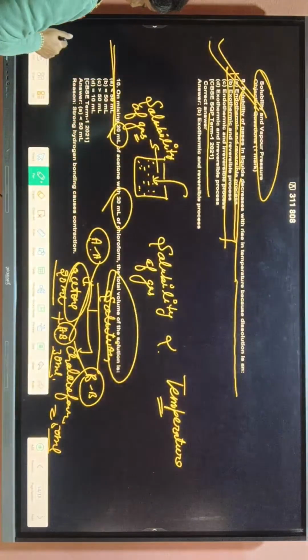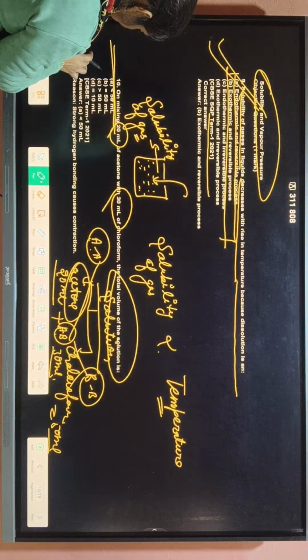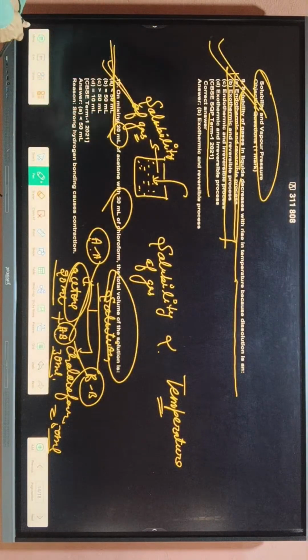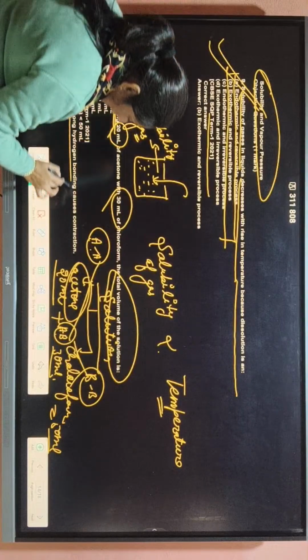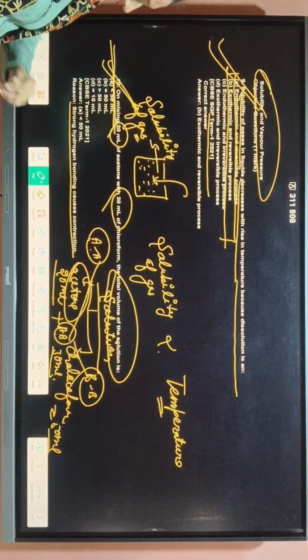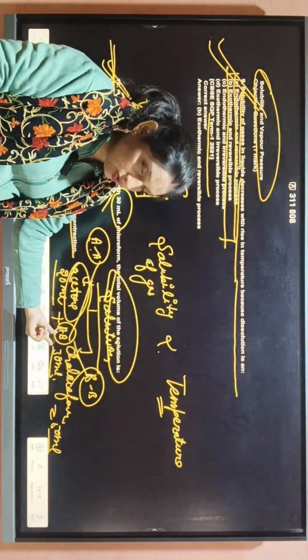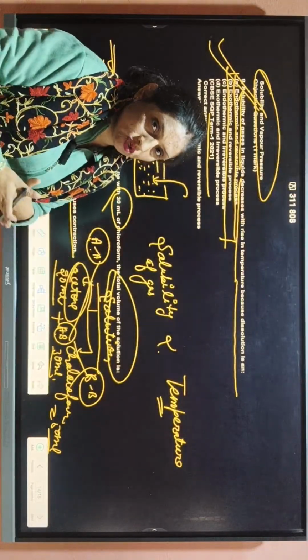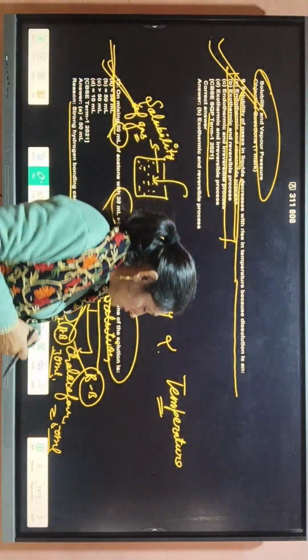So volume will be less than 50. In which option is it given? A. So you will move with option A. The strong hydrogen bond causes contraction, because in AB interaction they are strongly bound due to the hydrogen bond. I hope this question is clear to all the students.